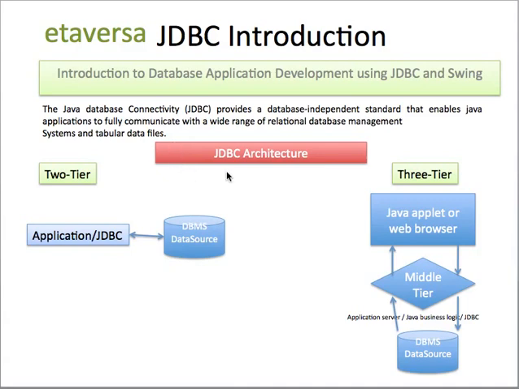The JDBC architecture is composed of two main tiers. We've got two tiers or three tiers. In the two tiers, you have the client applications that connect directly with the data house, which is the database.